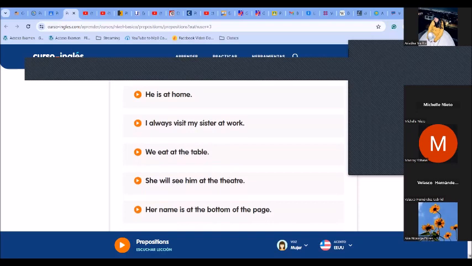Examples: he is at home. I always visit my sister at work. We eat at the table. She will see him at the theater. Her name is at the bottom of the page. One more.